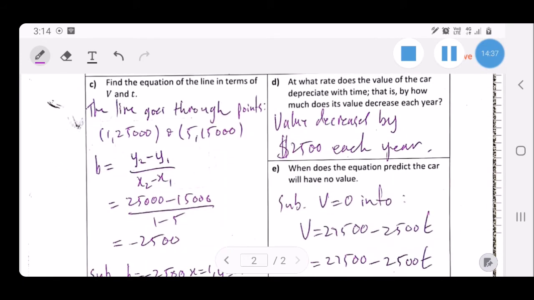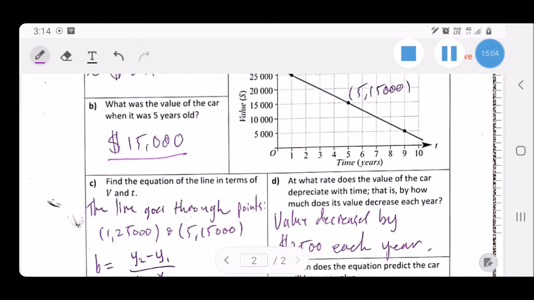Question C. Find the equation of the line in terms of V and T. All right, now, once again, I'm going to not use V and T until the end of the question. I'm going to use Y and X just to keep things simple so we don't get confused when we use the gradient formula in particular. All right, so for this question, let's take a look at the graph.